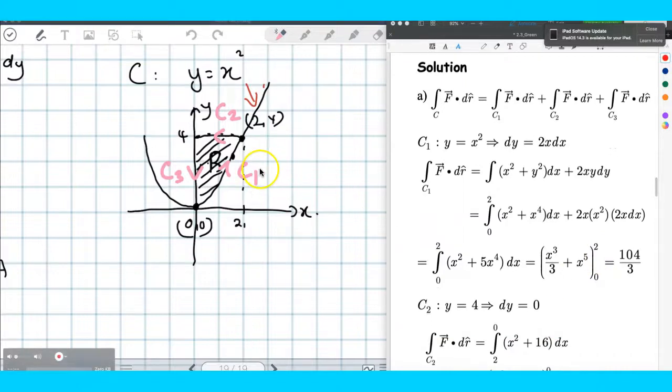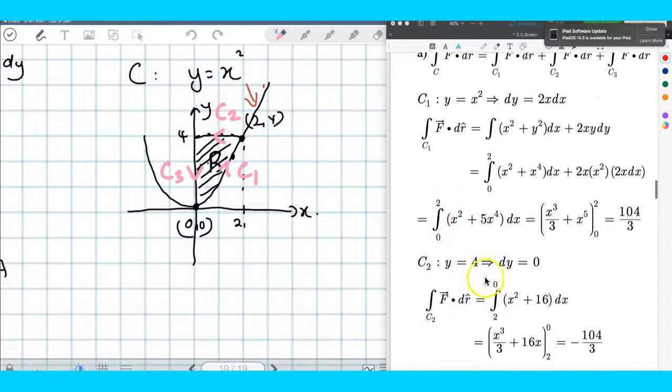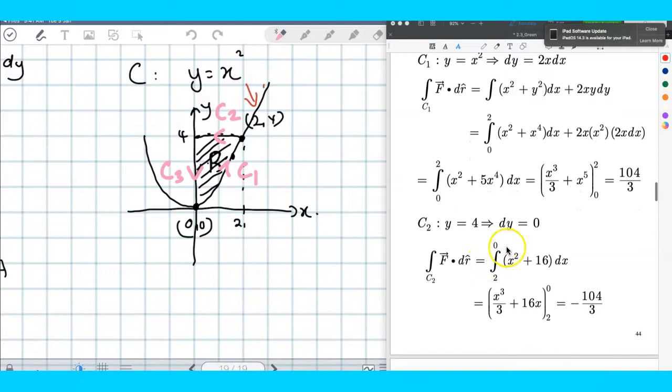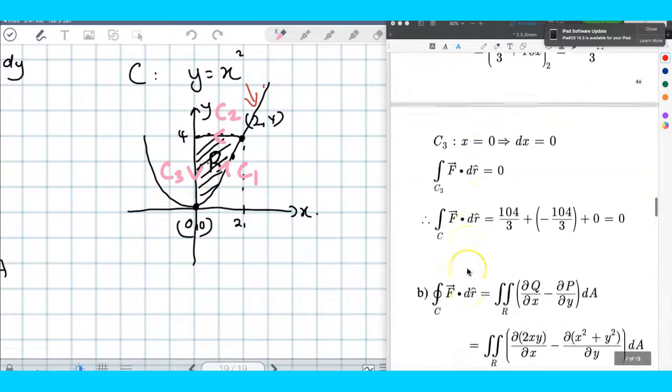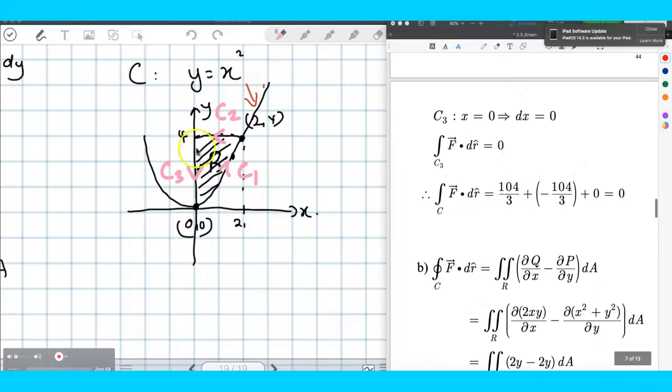And then C2, a line segment, where the equation is y equal to 4, so you can substitute: when y is 4, dy is 0, and when you put it into p dx plus q dy, you will get this particular value. On C3, again a line segment on the y-axis, so x equal to 0 and dx is 0, and when we substitute you will get 0.